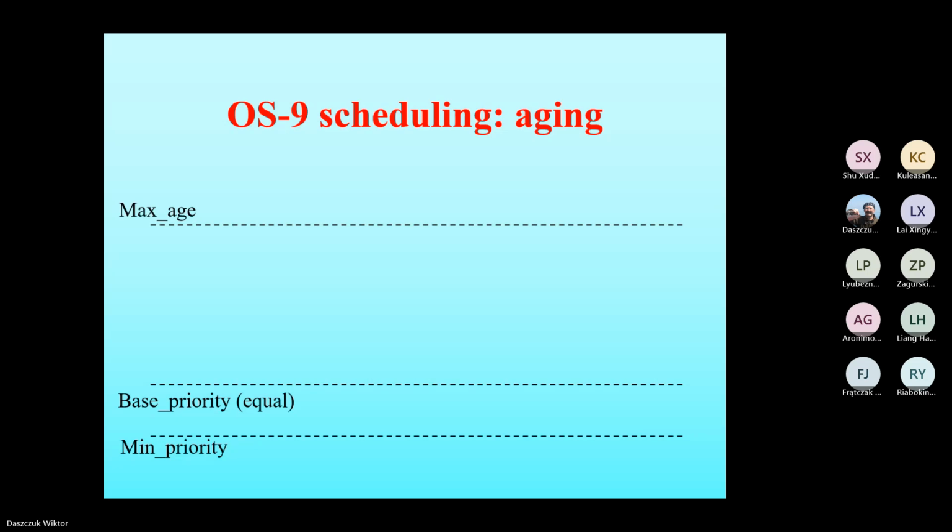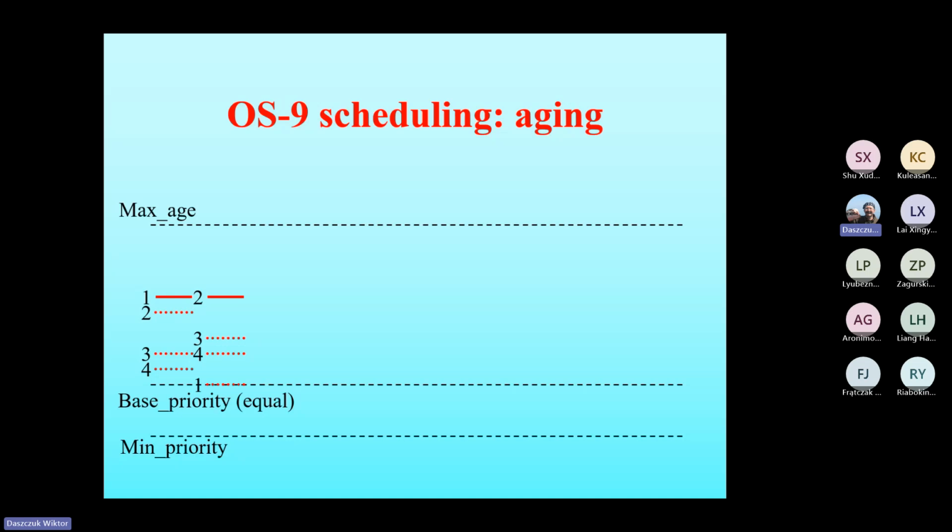Let's look at what happens if you have several processes. These are current priorities of 4 processes. This process gets the processor, it's the solid line. After that, process 1's priority is suppressed to base priority, and all others are increased by 1.